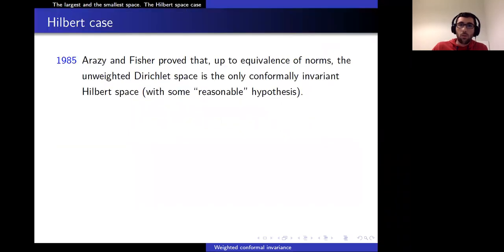Following these ideas, in 1985, Arazy and Fisher proved that the unique conformal invariant Hilbert space, also in the classical sense of conformal invariance, is the Dirichlet space, of course, up to equivalence of norms. So, is there a version of the result in our context? The answer is yes.